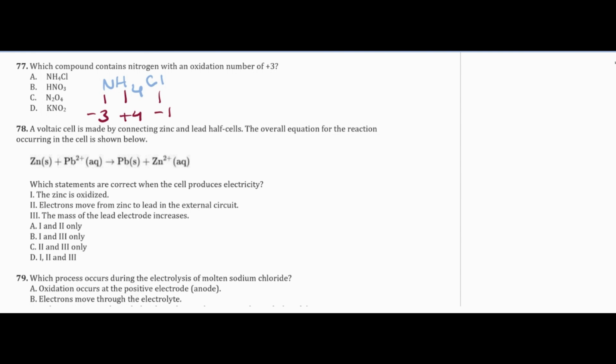So it won't be A. Looking at B, HNO3. This will be -2 times 3, which is -6. H will be +1, so this must be +5. So again, it's not that one.